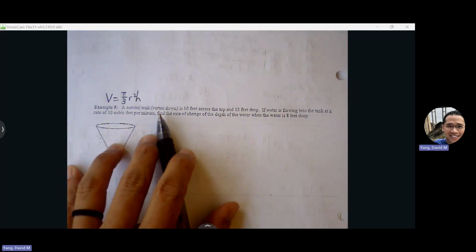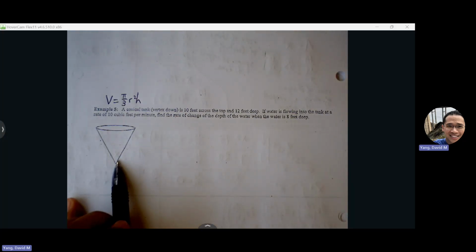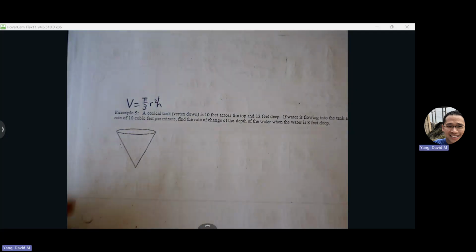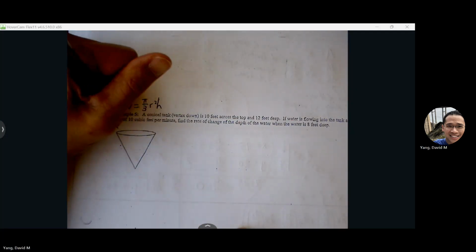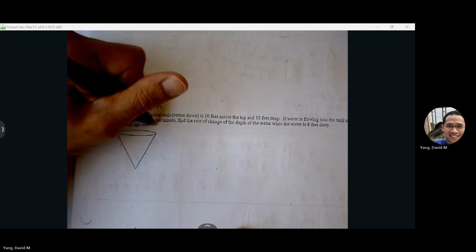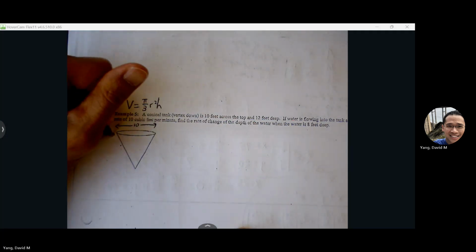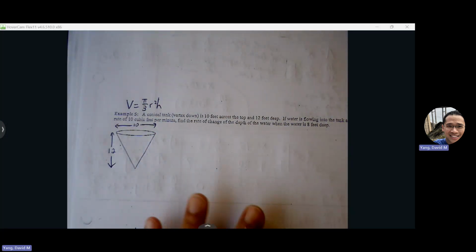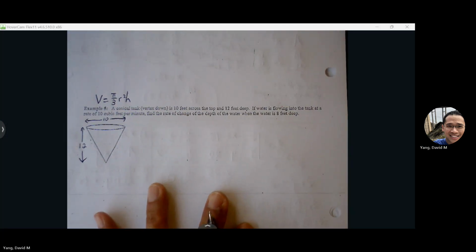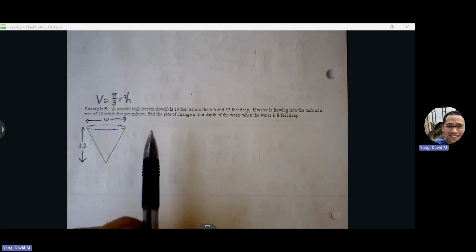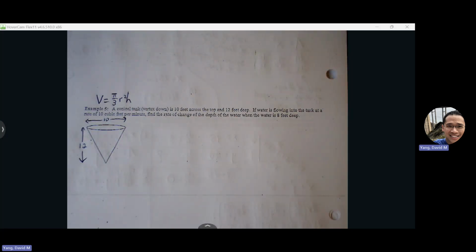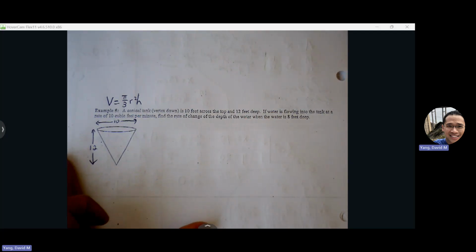A cone, vertex down, so we have the pointed end below, 10 feet across, and 12 feet deep. If water is flowing into the tank at a rate of 10 cubic feet per minute, find the rate of change of the depth of the water when the water is 8 feet deep.